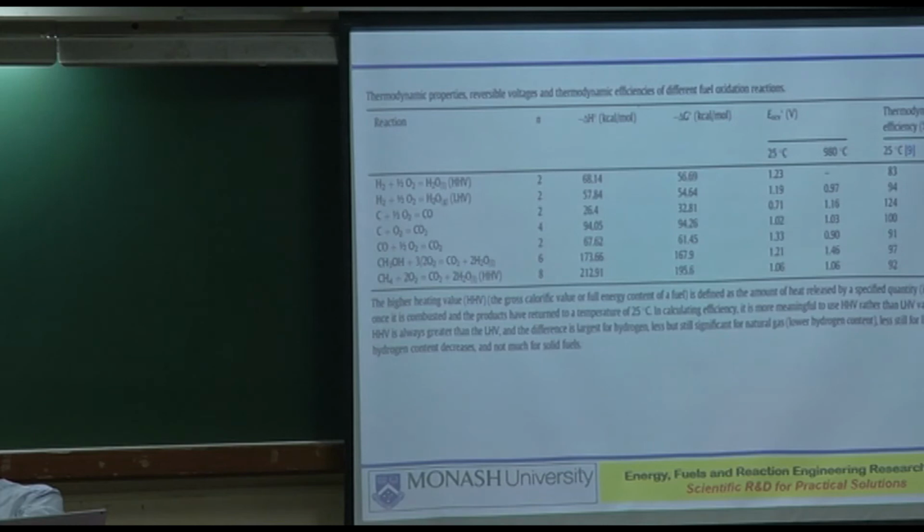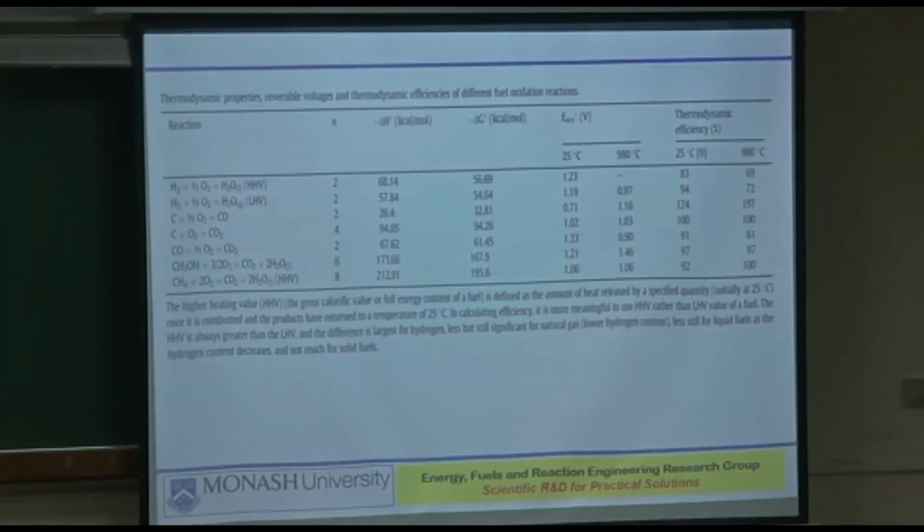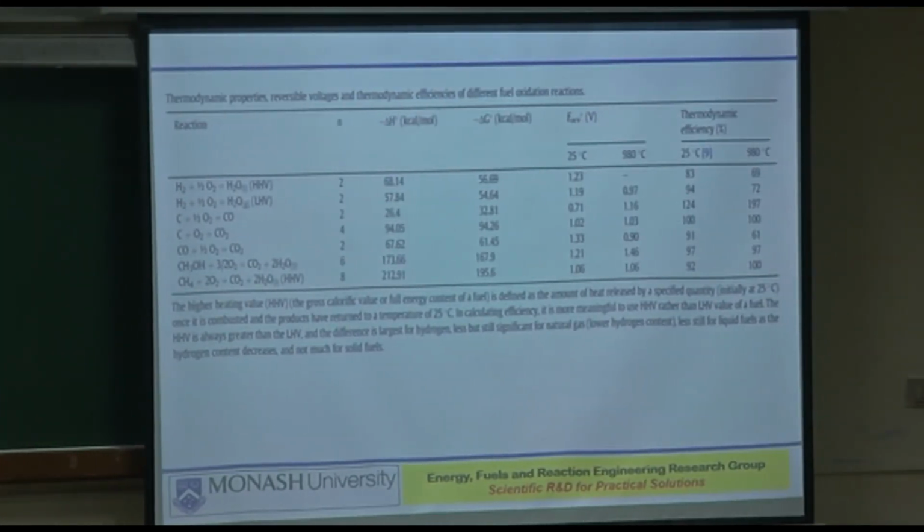You will come to a situation where you have two coals, one a high rank coal with only 10% moisture, and one a low rank coal with 60% moisture. The high rank one actually has more energy.